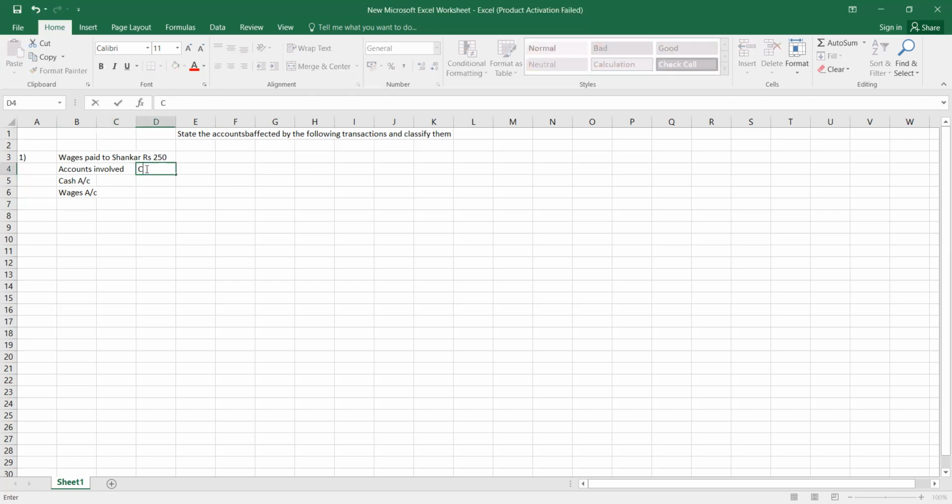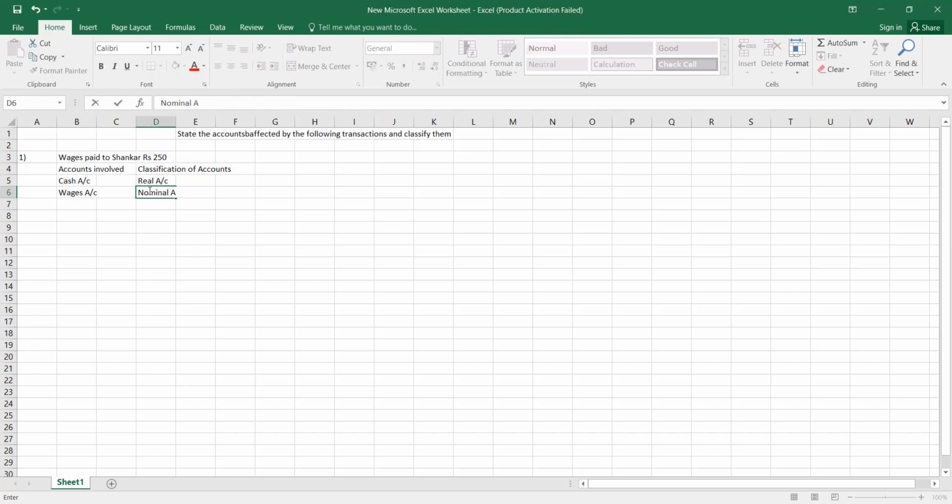Next column, classification of accounts. So cash account is a real account. We classify this as a real account. And wages account is a nominal account.